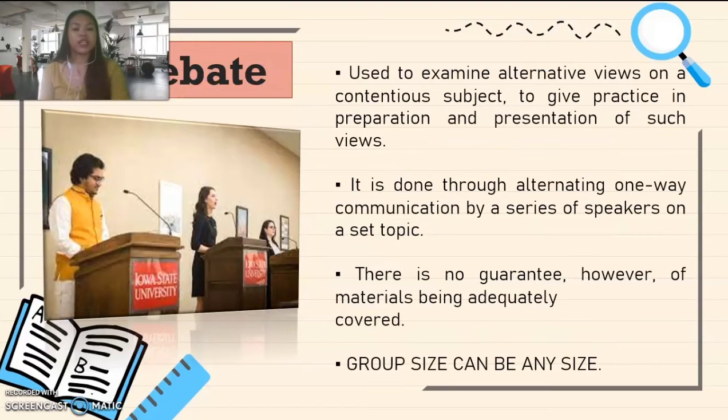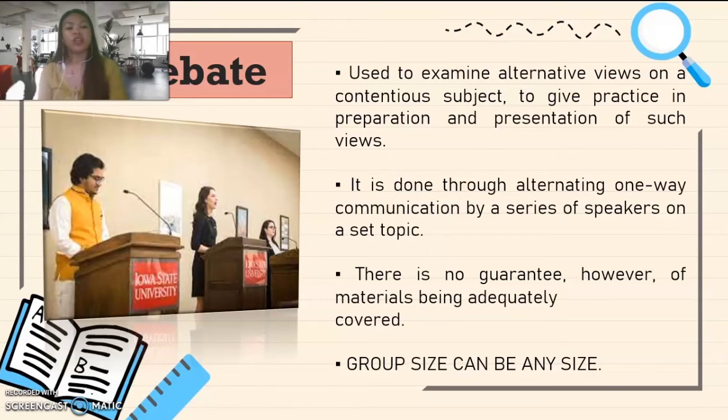Next is debate. I know they are also familiar with debate because maybe you practiced this in high school. It is used to examine alternative views and potential subjects and to give practice in the preparation and presentation of such views.